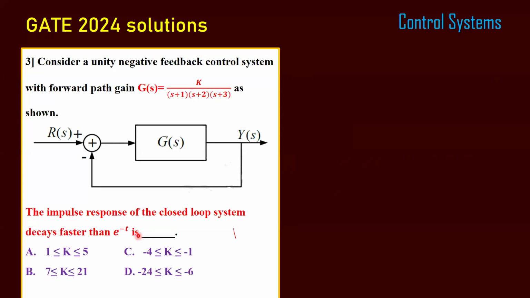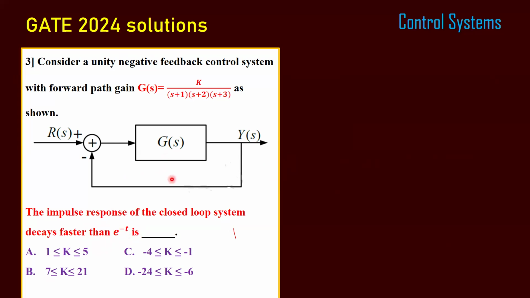So for the response which decays faster than e power minus t, what is the condition of k? That's what they asked.